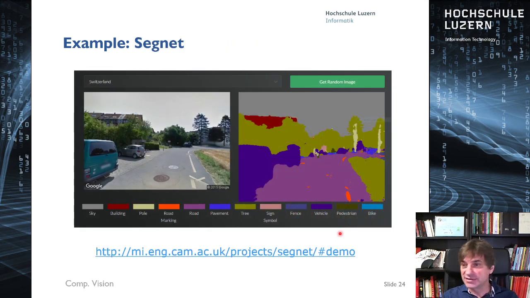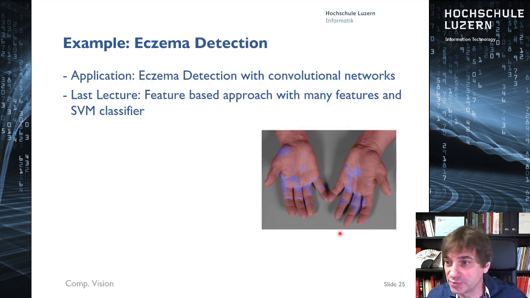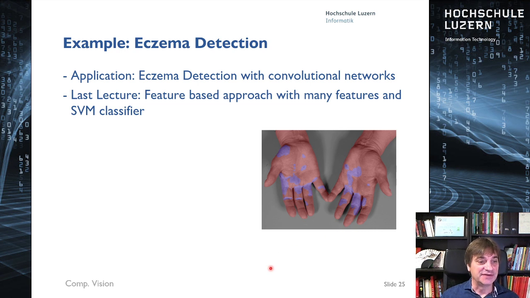So I also want to show a quick example from our side, from a project that I already described in last week's lecture. The idea was to have a classification approach to detect eczema in an image. Last week we looked at the feature-based approach where we tried different features and then used a support vector machine classifier.